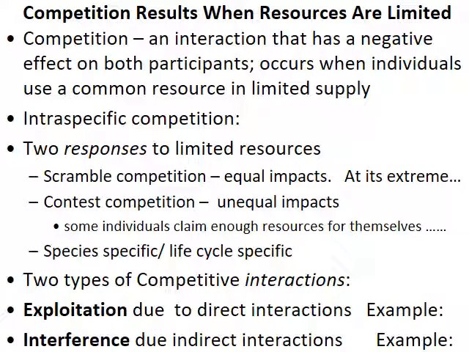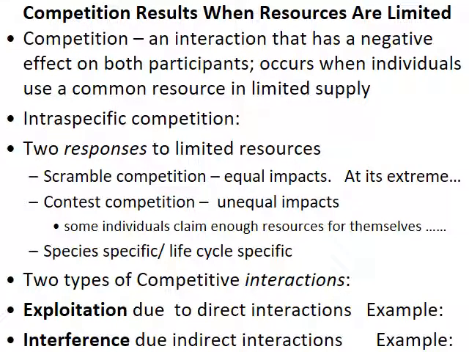Contest competition, though, has unequal impacts. In other words, there are winners and losers. Sort of implied in the name contest here. That means some individuals are able to get enough resources and sort of block out the others. So some will survive and maybe thrive, whereas others just simply won't. And whether you're scramble or contest is usually very species specific.